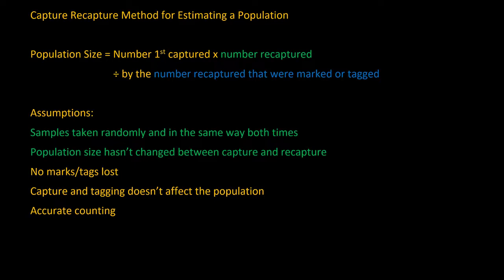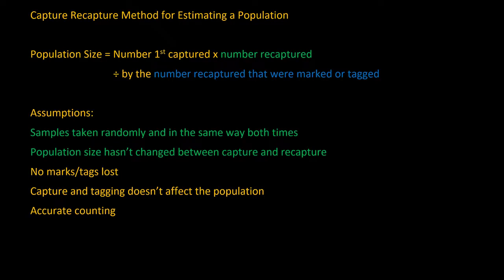Now, they often in questions ask you to state the assumptions that you're making for this method. The two primary ones are that the samples must be taken randomly and in the same way both times, and that the population size hasn't changed between the first sample where they were captured and the second sample where they were recaptured.